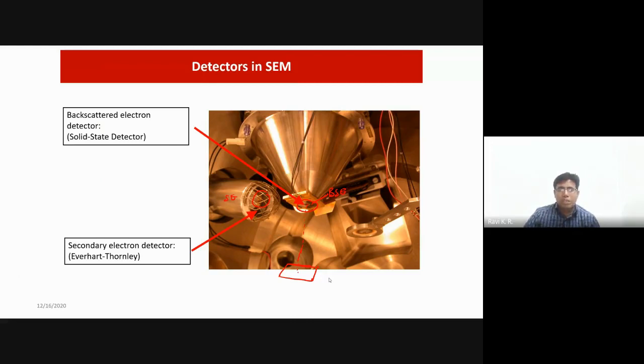One thing you can see is that this is at a certain angle. If you really measure it, let's say this is your sample, and you have a detector. This angle in general would be somewhere around 45 degrees.